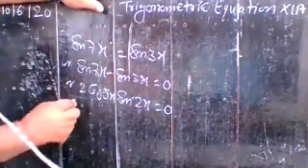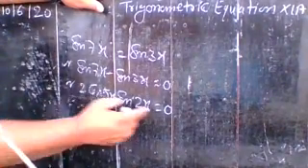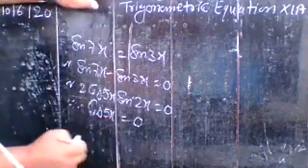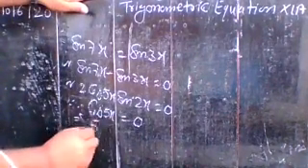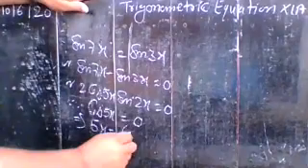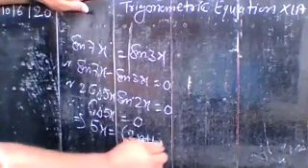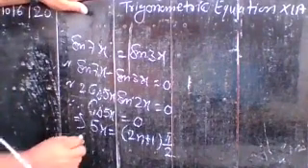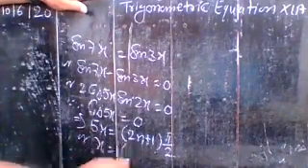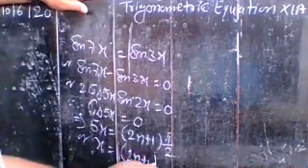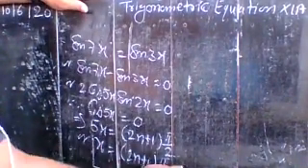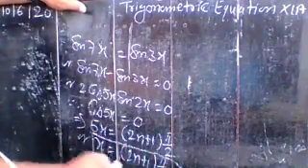Now if you write cos 5x is equal to 0, this implies 5x is equal to (2n plus 1) pi by 2. So the value of x is (2n plus 1) pi by 10. That gives the value of x in this case.